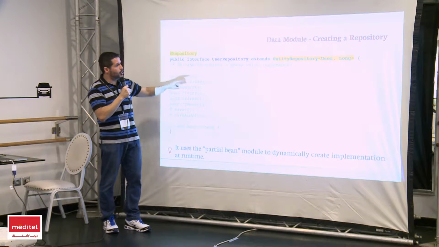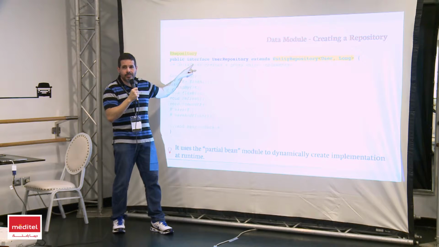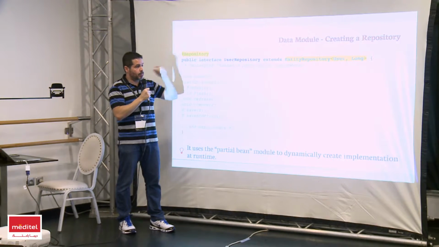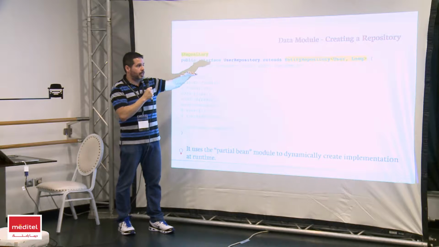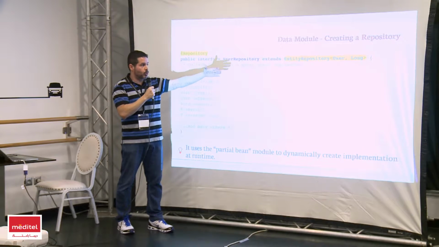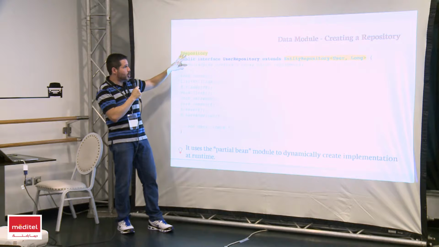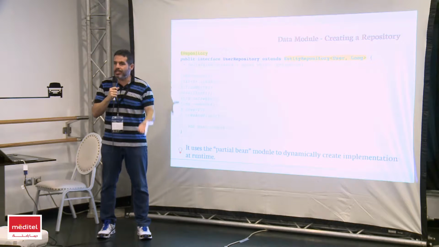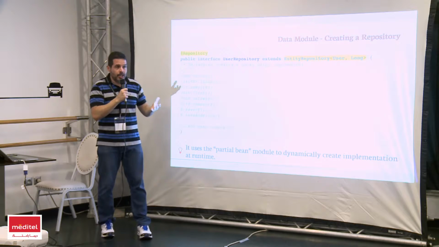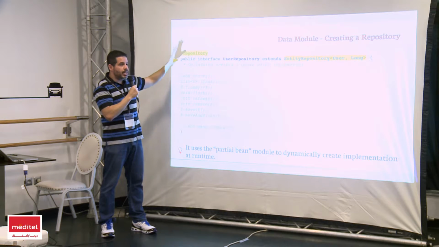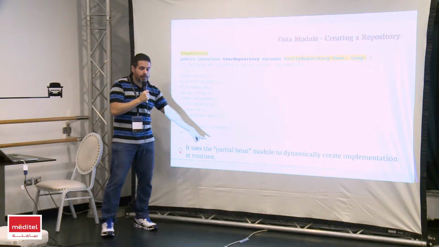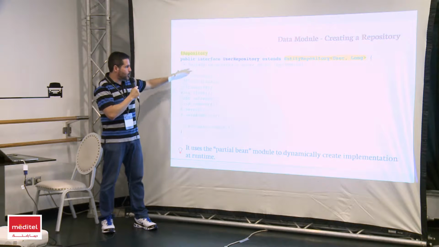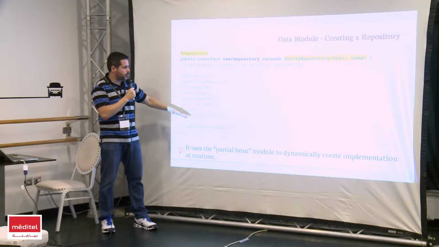You basically need to create an interface, extend it by typing the generic about a user in this case, and use the Repository annotation. What will happen is that when CDI starts, when DeltaSpike starts, it will load this interface, use again the partial bean model, and automatically create the implementation for you for all these methods.